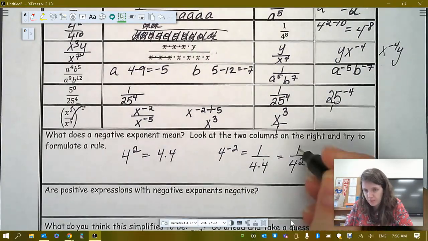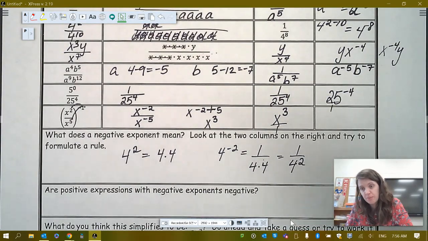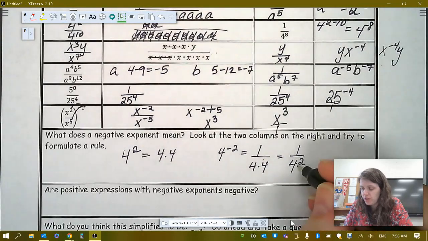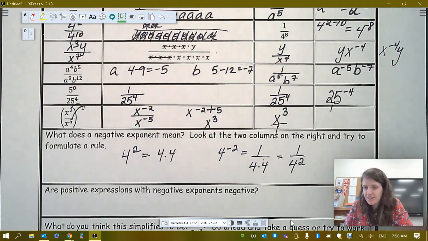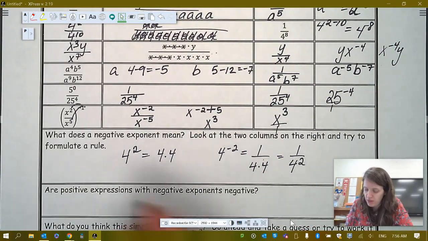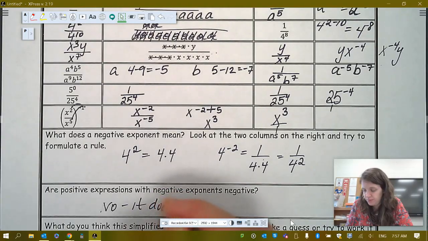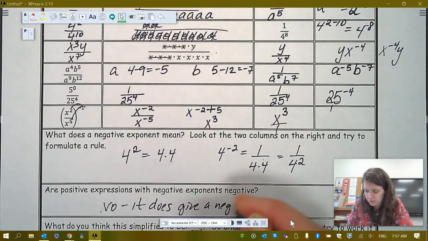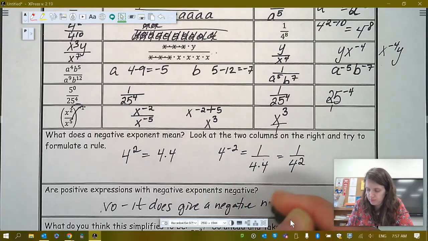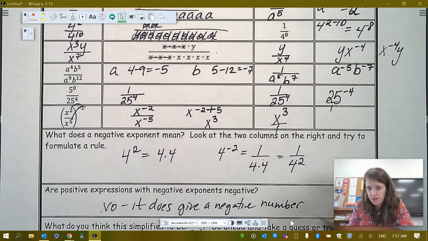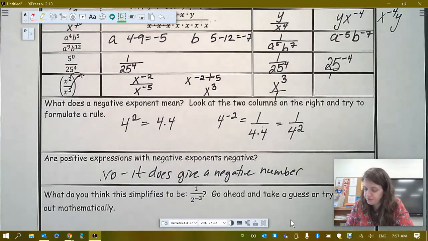We're dividing by that many 4s instead of multiplying by that many 4s. So here, 4 to the second is not a negative number. So no, it does not give a negative number. It gives a fraction, or it gives a division.